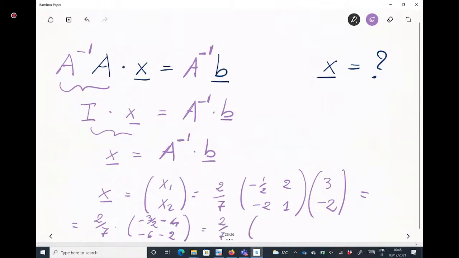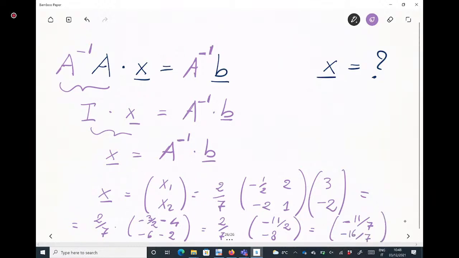This becomes minus 4 is minus 8 over 2, so minus 11 over 2 minus 8. And this becomes, as a final result, minus 11 over 7. Okay, multiply this times this, and minus 16 over 7.